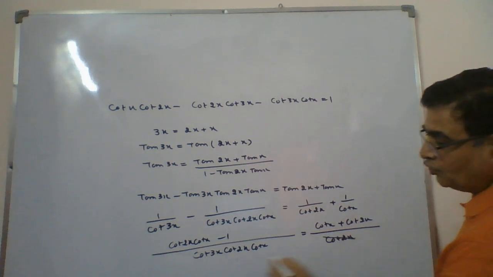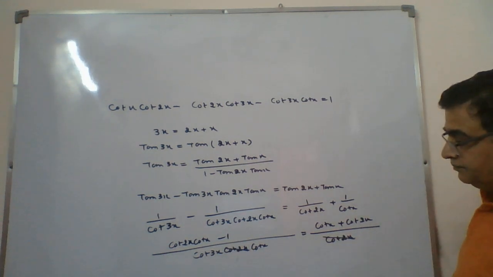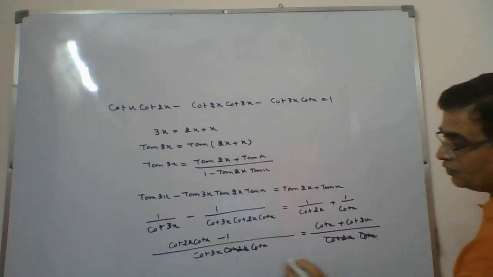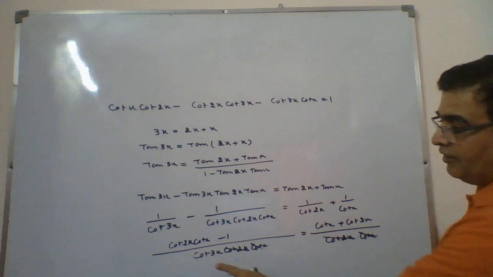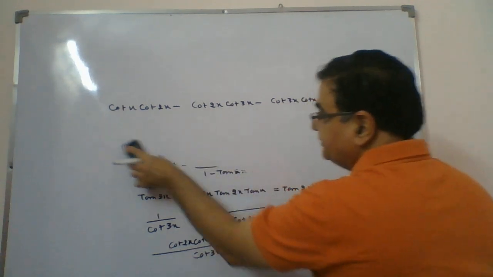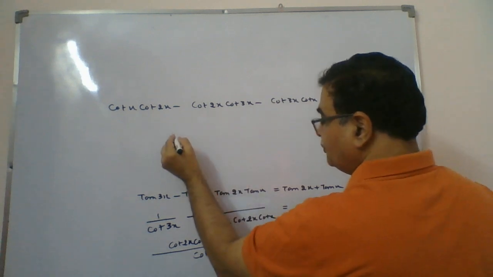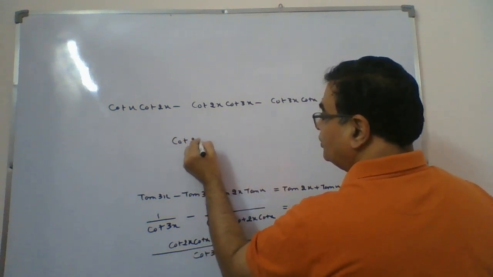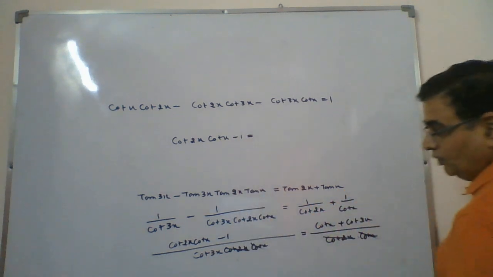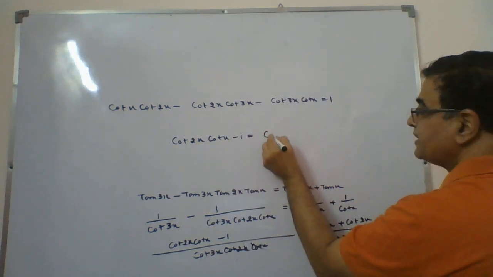Something cancels, cot 2x gone, and cot x also here, so this is also gone. Now left is cot 3x. We can shift this here and solve it. So it comes out to be cot 2x cot of x minus 1 equal to cot 3x, which will go to this side.